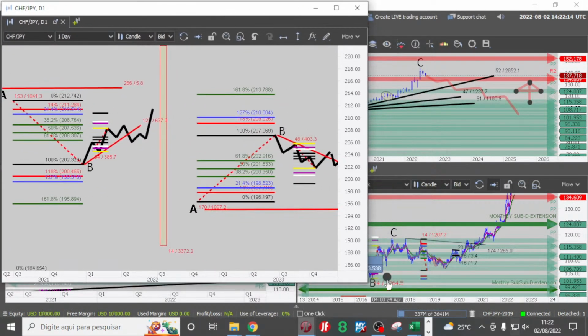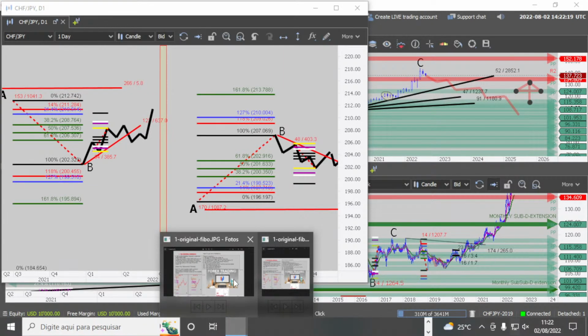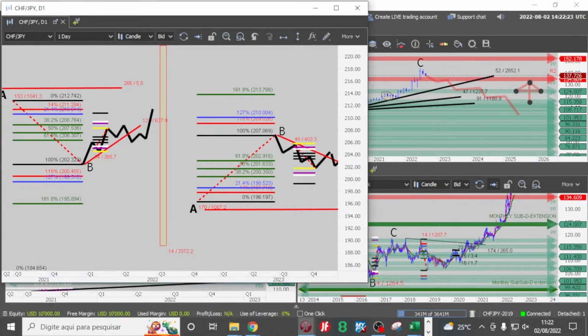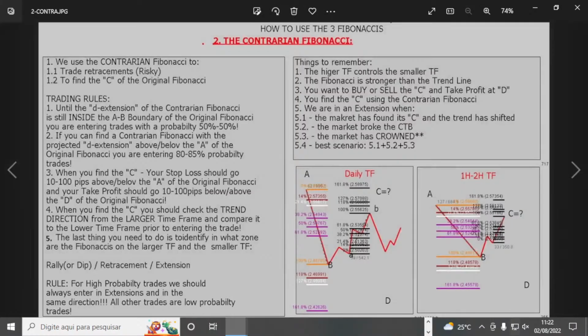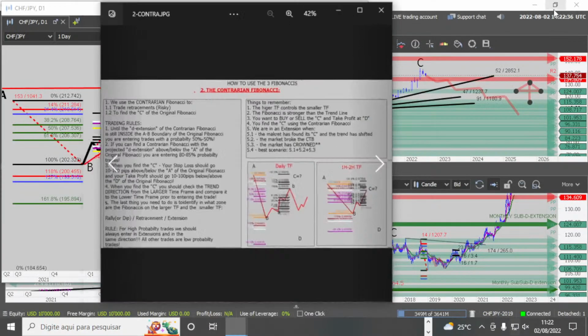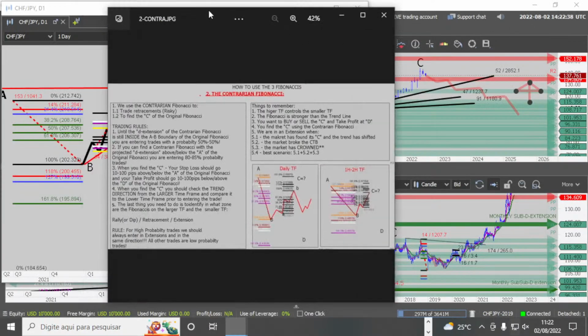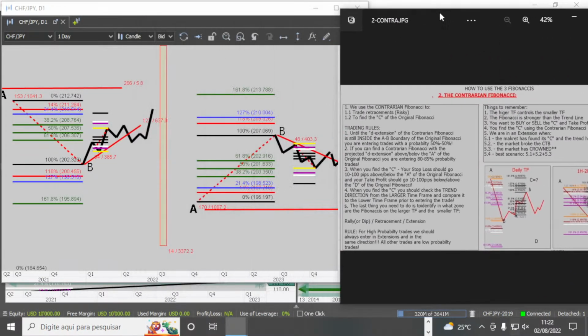Let's put here on the left and the picture one more time. Original, okay. So the Contrarian Fibonacci, everybody. One more time, this is the Contrarian. Okay, hopefully, there you go.